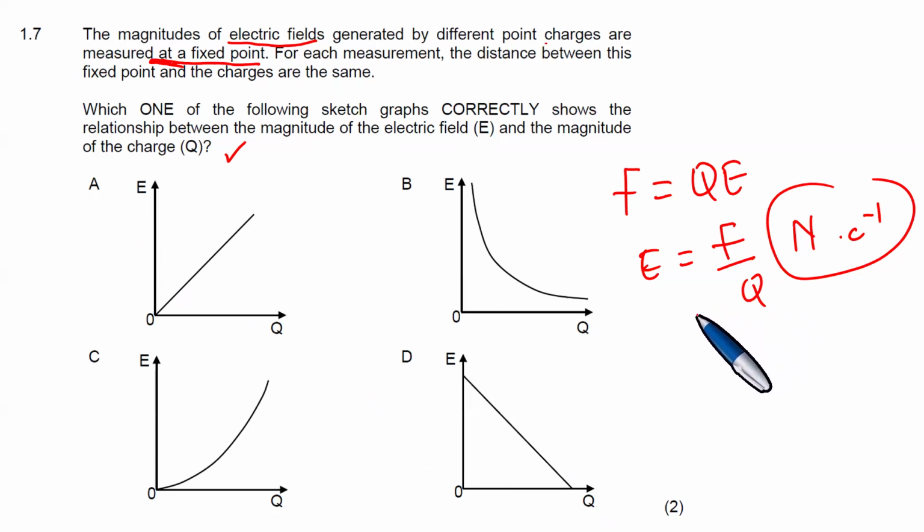you need to think of these very carefully, because the magnitude of electric fields generated by different point charges are measured at a fixed point. For each measurement, the distance between these fixed points and the charges are the same.